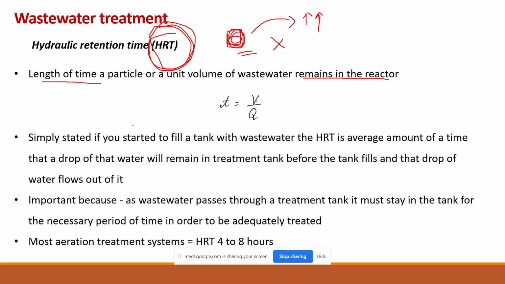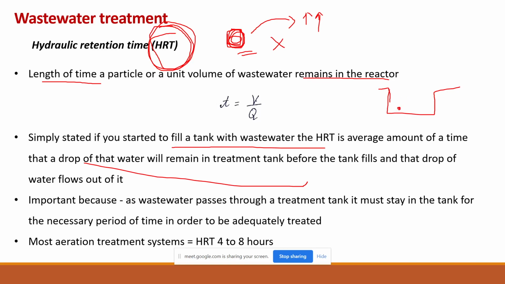If you want to understand HRT, suppose you fill a tank with wastewater. HRT will be the time that a drop of water will remain in the tank before the tank is completely filled and the drop of water flows out, right? So suppose you have a treatment unit, what will be the HRT?